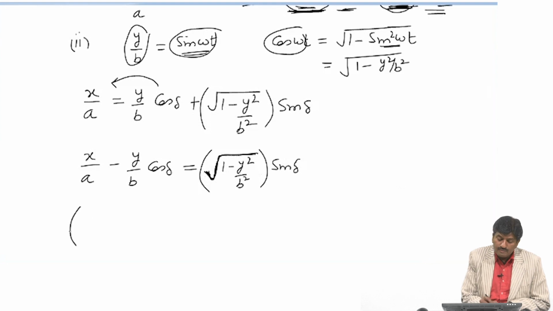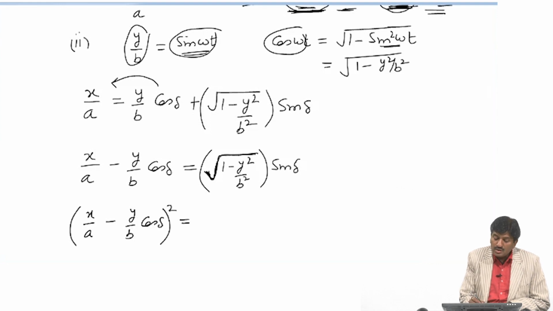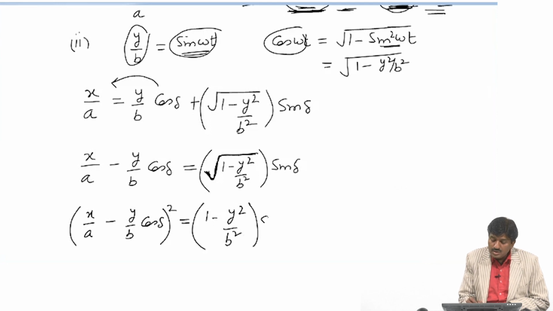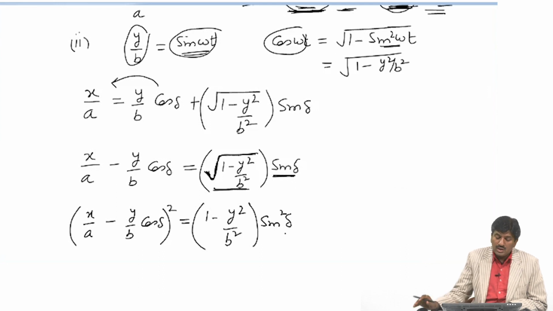It becomes (x upon a minus y upon b cos delta) whole square equal to 1 minus y square upon b square, the square of the square root, times sin square delta.